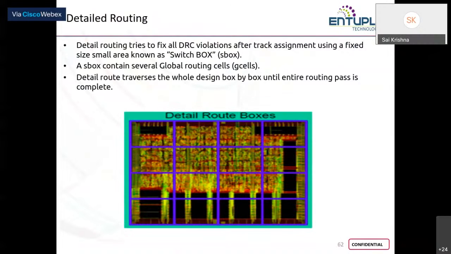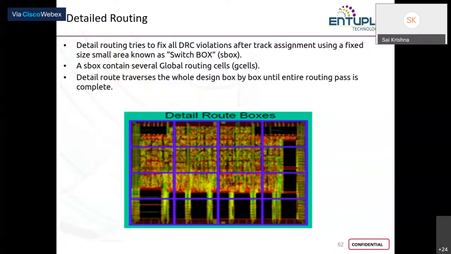This is something I missed. In your detailed routing, after the shortest path is estimated in global routing and tracks are assigned, your tool does not route your complete design at once.